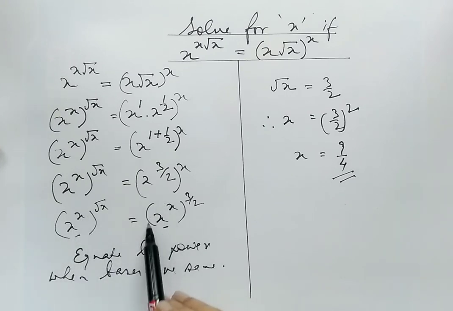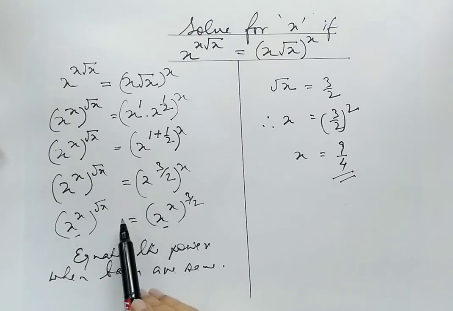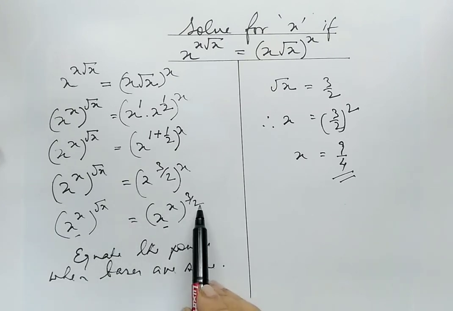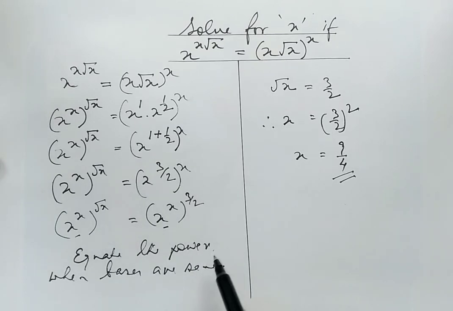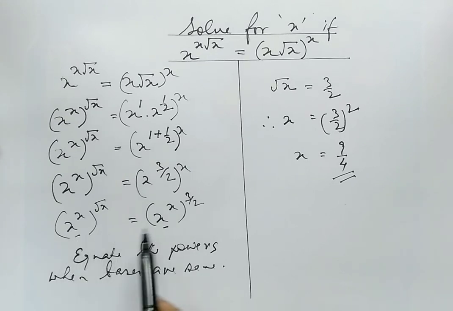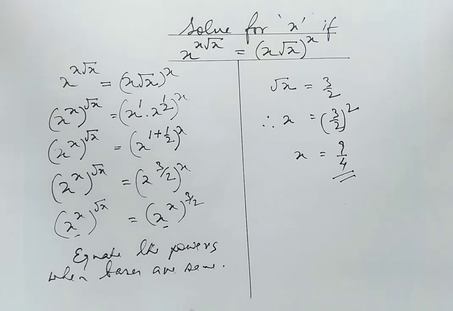The bases should be same, and then and only then we'll be able to compare the powers. Alright. So we equate the powers when bases are same. Bases are same for us, x to the power x and x to the power x. So we are able to cancel off x to the power x easily, and left with only this square root of x equals 3 by 2 to deal with.